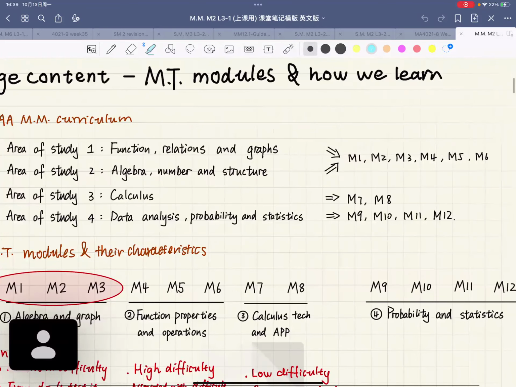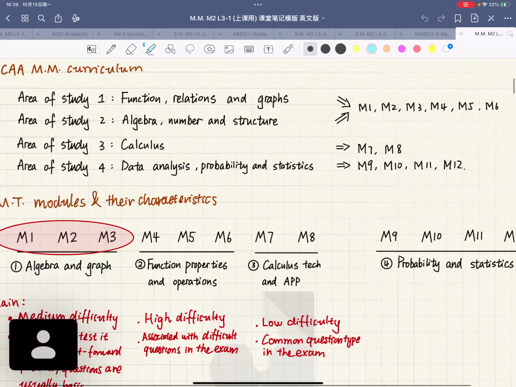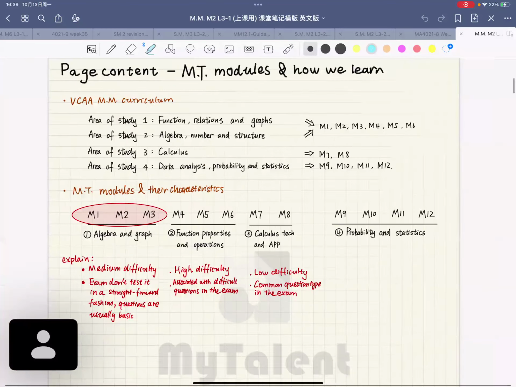Area of study 3, calculus, is modules 7 and 8. Area of study 4, data analysis, probability, and statistics, is modules 9, 10, 11, and 12. That's the structure of this course. Any questions? No? Okay, cool.